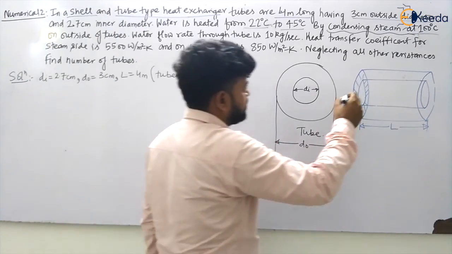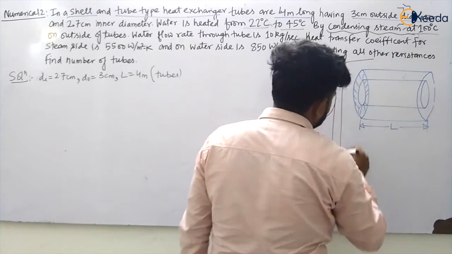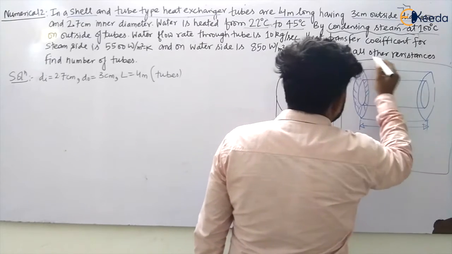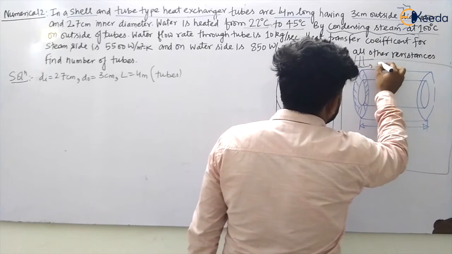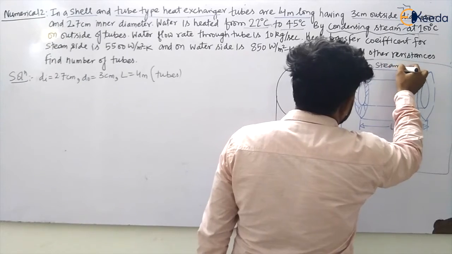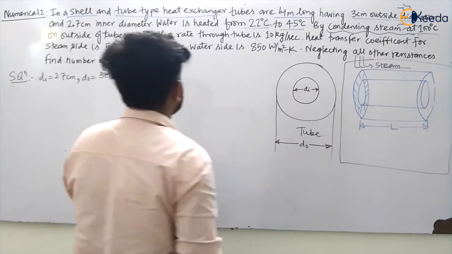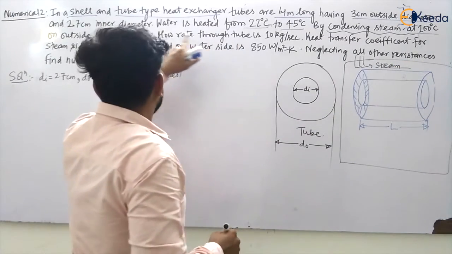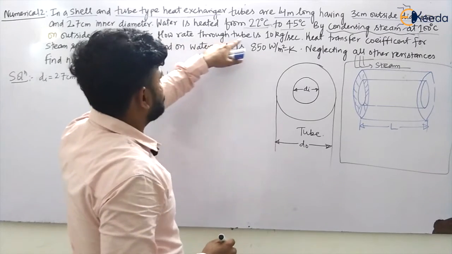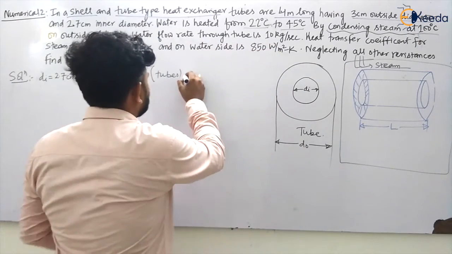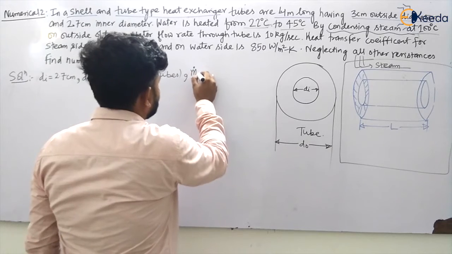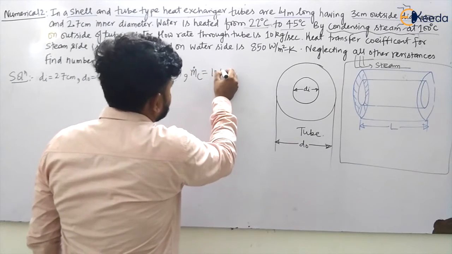If this tube is in a shell, the steam is there inside the shell. Steam is forced through the shell, and the water flow rate through the tube is 10 kg per second. So the water flow rate, that is of the cold fluid, is given to be 10 kg per second, my dear students.